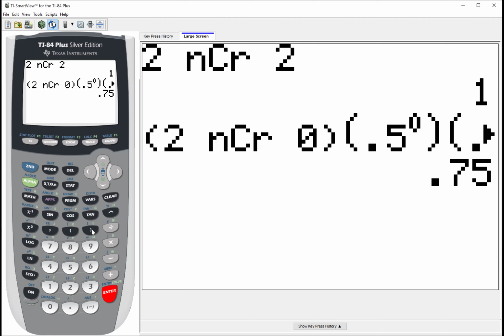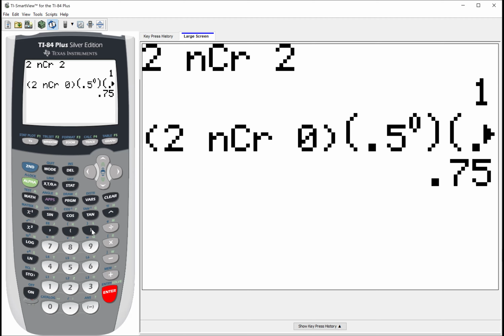Now, I know this seems like a lot more work than the way we did it by hand when we listed the 4 outcomes and we used the classical probability formula. But there was only 4 outcomes. Like I said before, what if you had 500 outcomes? There's no way you're listing them all by hand and counting up all those probabilities. It's not happening. So whenever we have a binomial experiment, we're going to be much better off using the binomial formula.